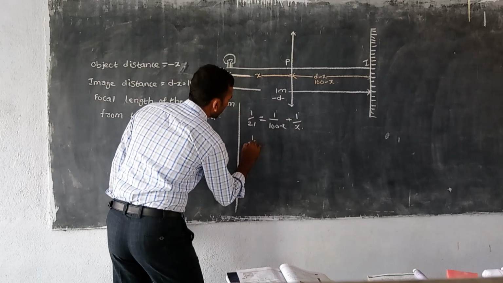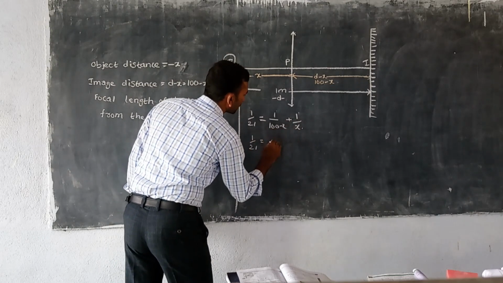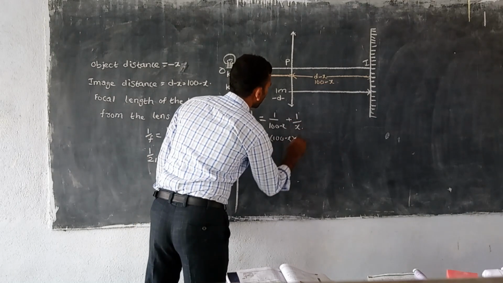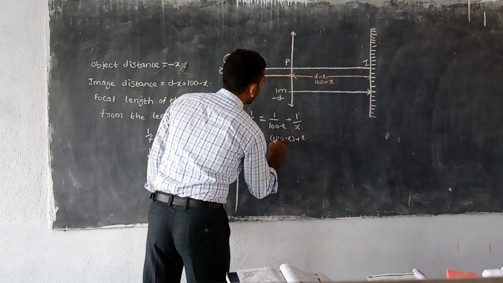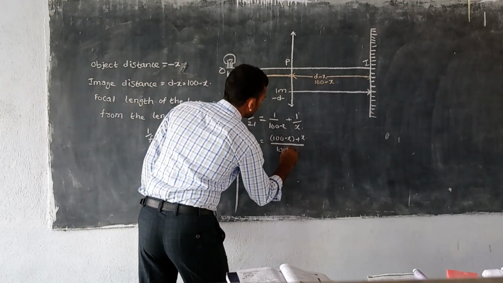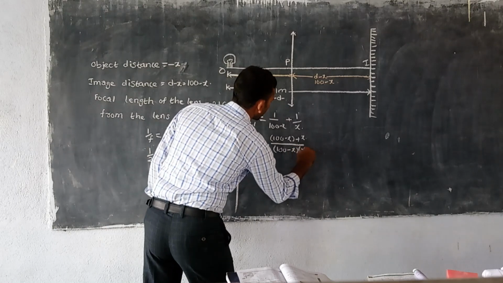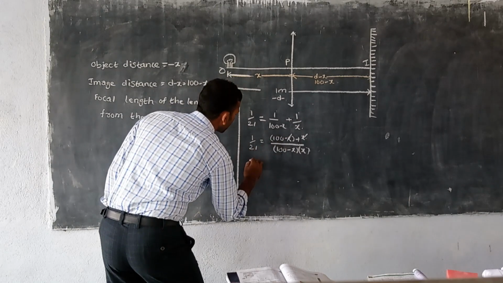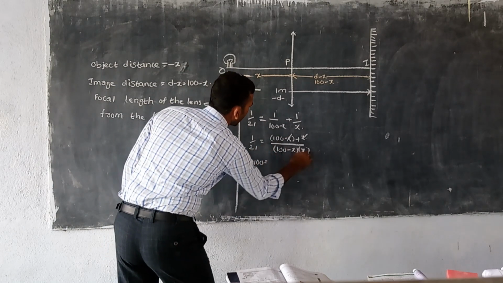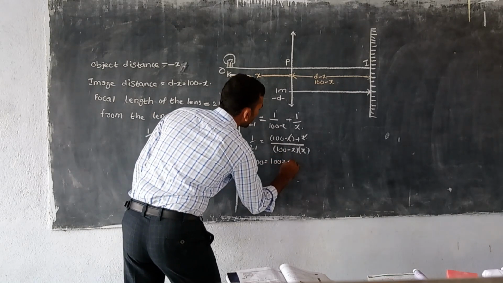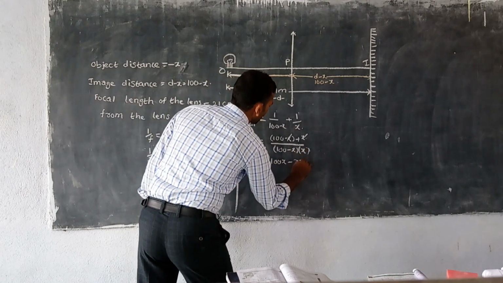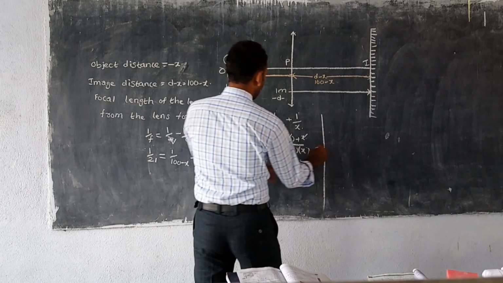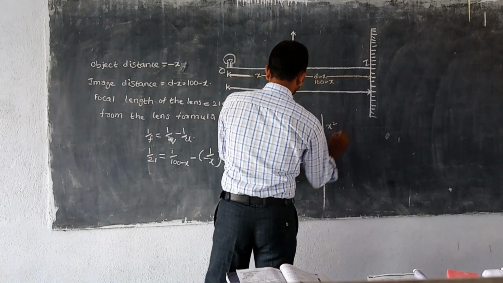Take the LCM, 100 minus x into x: 1 by 21 equals x plus 100 minus x over 100 minus x into x. So x and minus x cancel, and doing the cross multiplication, 2100 equals 100x minus x square.